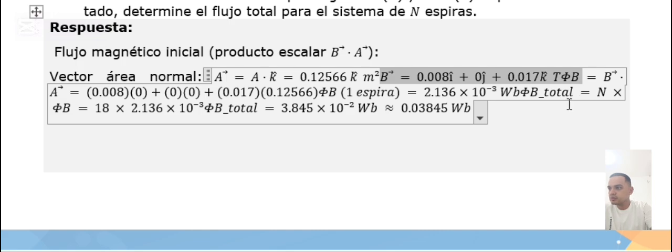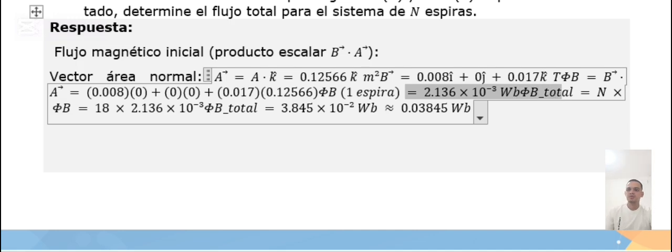The dot product is this, since only the components in the same direction contribute, only those components are multiplied. The result for one loop is this.